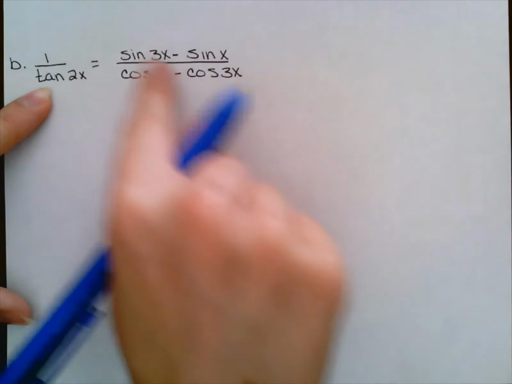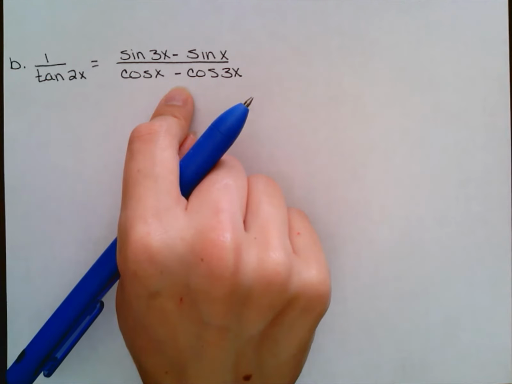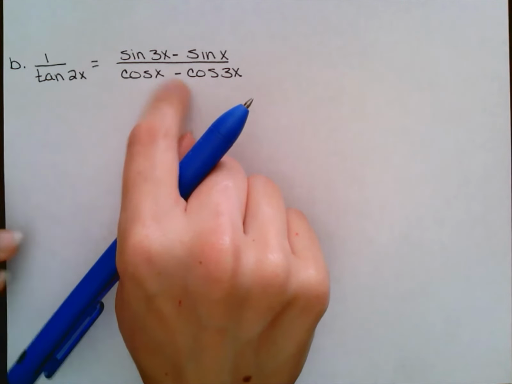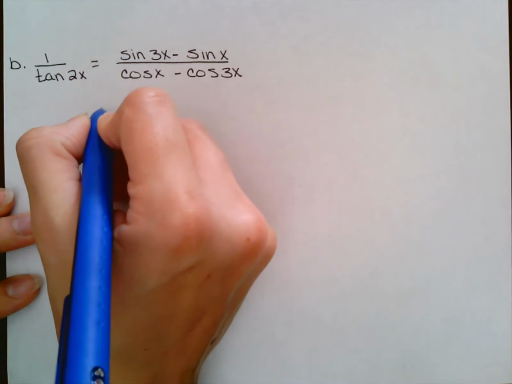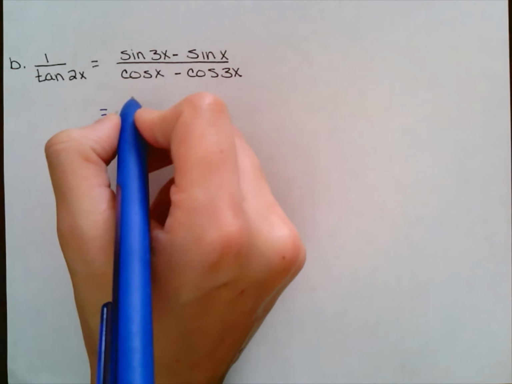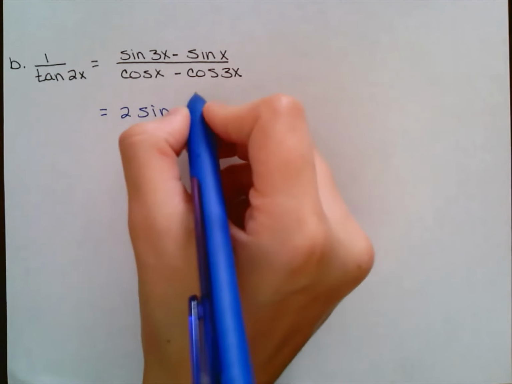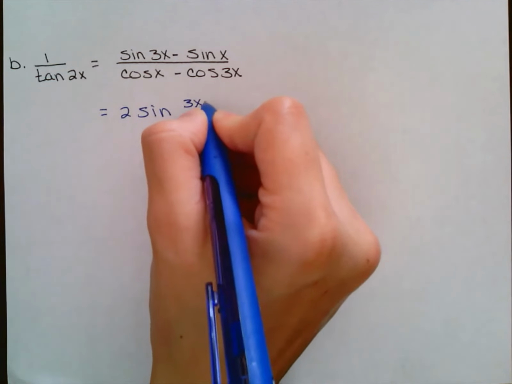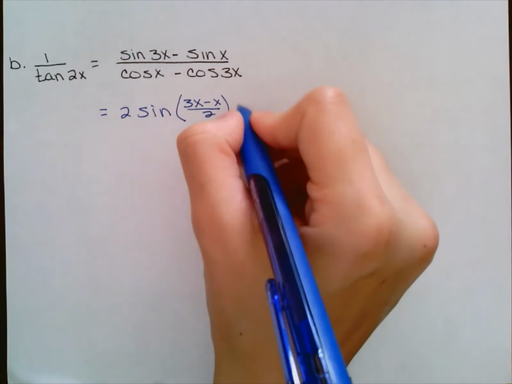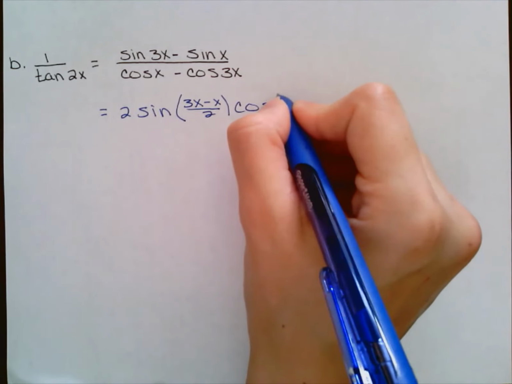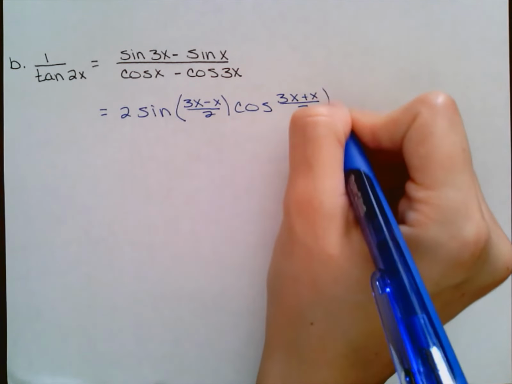So again, I cannot start canceling these out until they're separated by multiplication. So again, I'm going to go sum to product rule. So sine of 2 values being subtracted is going to become 2 times sine of them being subtracted, 3x minus x over 2, times cosine of them being added, divided by 2.